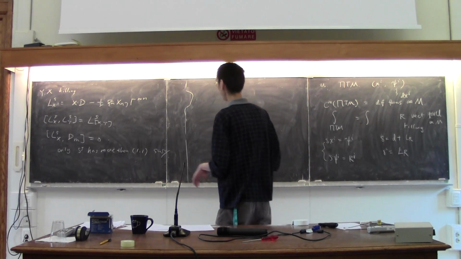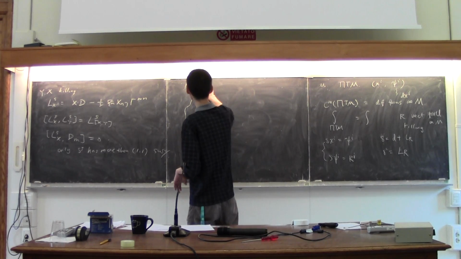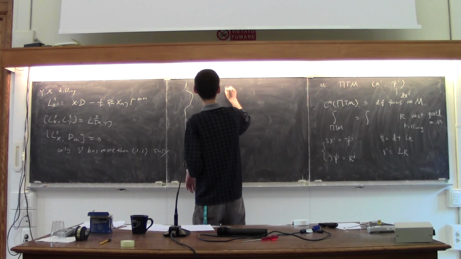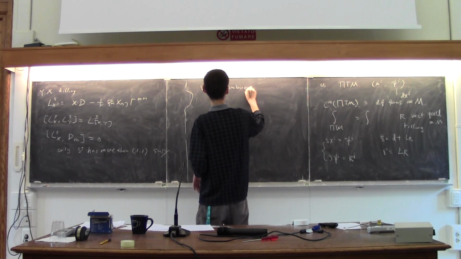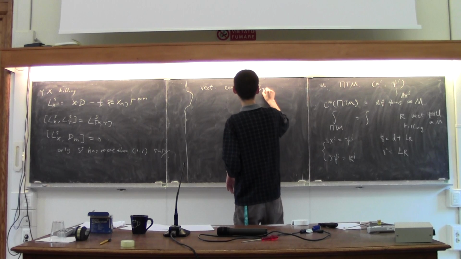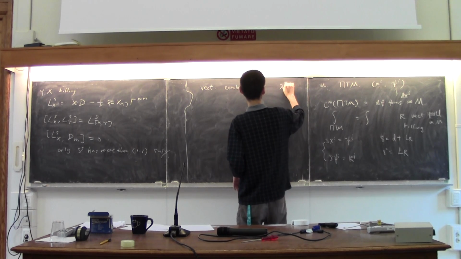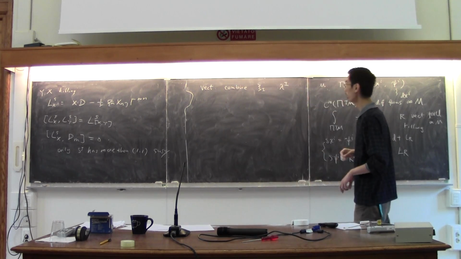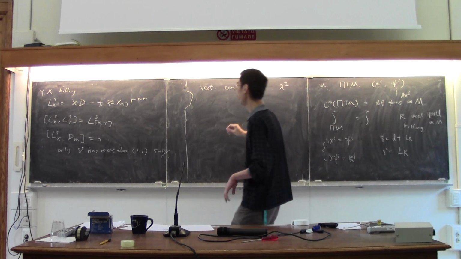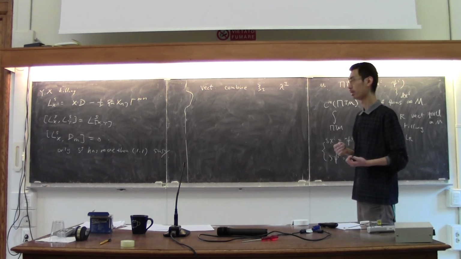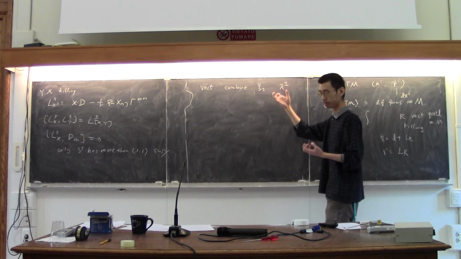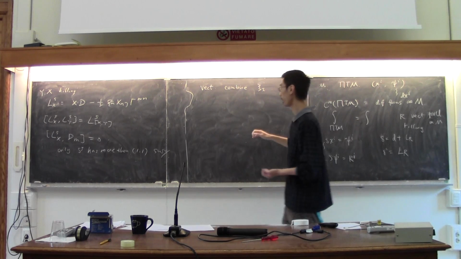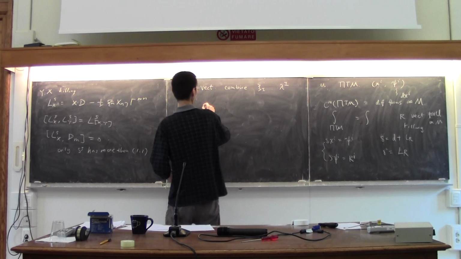So what we're going to do is the following. For the vector, we'll combine the Killing spinor with the Killing spinor, because it kind of pays off to consider isospin invariant objects. So let me just write my formula.